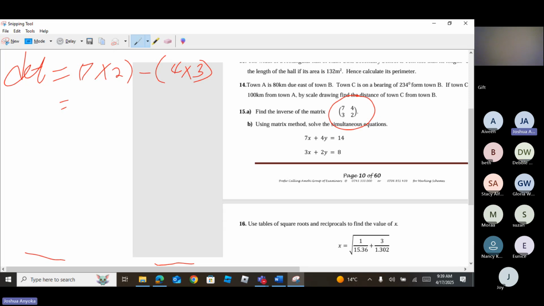I think she's correct. 14 minus 12 gives us 2. So that's our determinant.